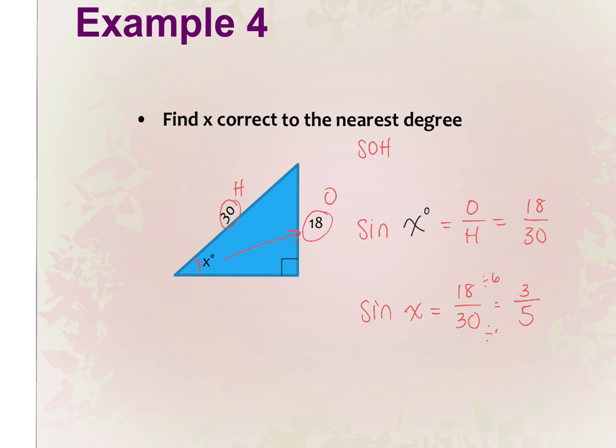Now remember, I told you guys I would not ask you to find the sine inverse of this. You would just leave this as your answer: the sine of x equals 3 over 5. So I wouldn't ask you to find x. I would say find the sine of x, or what trig function would you use to solve this? You would have to recognize that I know the opposite and the hypotenuse, so I would do 18 over 30, and then write the sine of x equals 3 over 5.